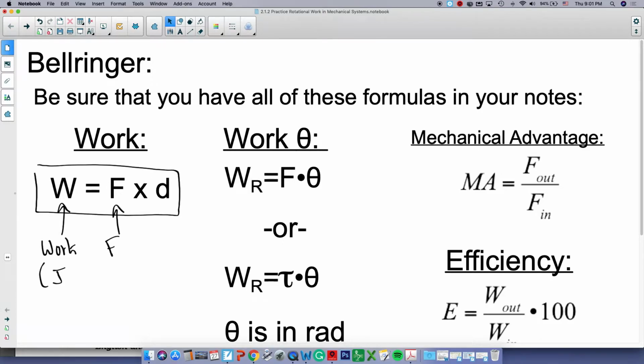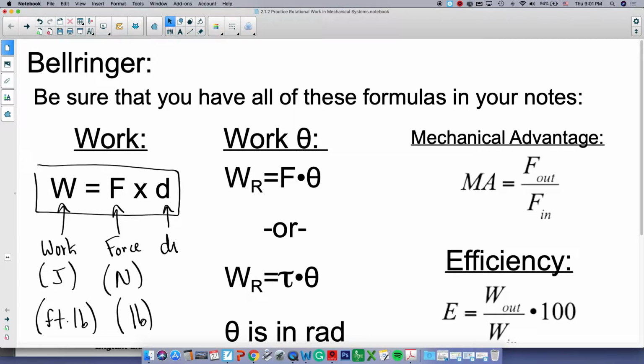That's my force, and that's measured in newtons, and I'll have to write the English too, so it would be foot-pounds, and then it's also pounds for the force, and then the distance is going to be in meters, or that should be in feet.